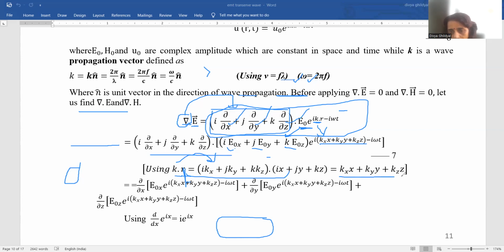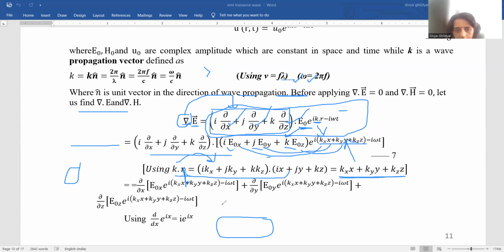So this comes out as kx x, ky y, kz z, this expression. Now we will proceed with the next step. We are going to open it and multiply this value here, here, and here.